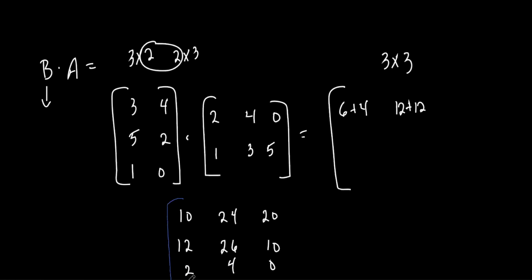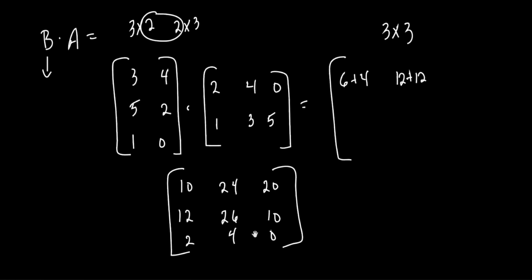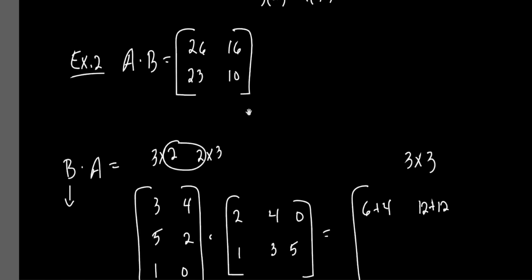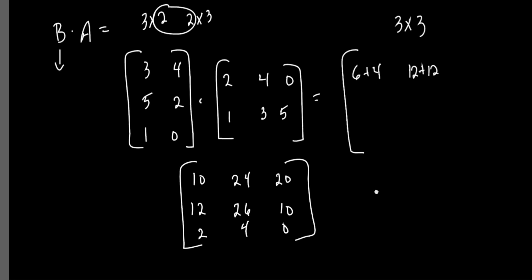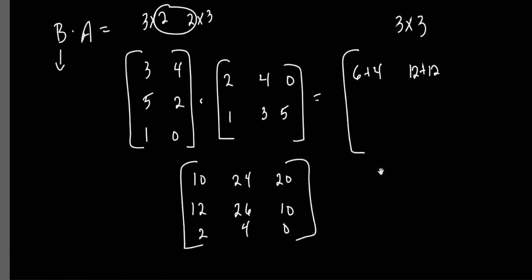That right there is not the same as that, is it? Obviously not, okay? So you cannot switch the order. It definitely matters what order you multiply things in, all right? That's the whole key to that problem that they gave us right there, okay? We wanted to figure that out.